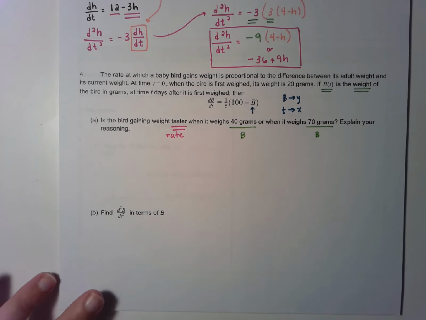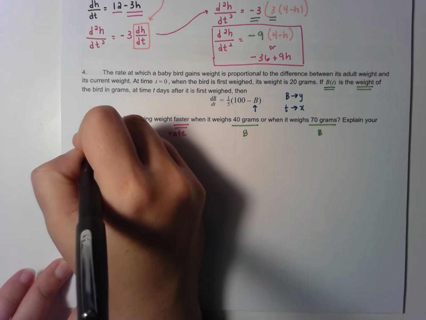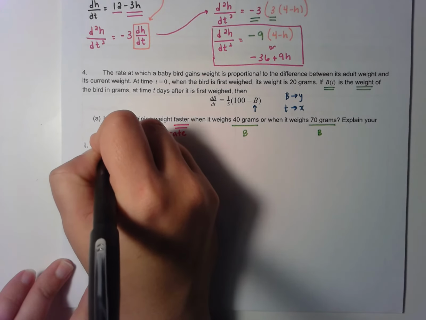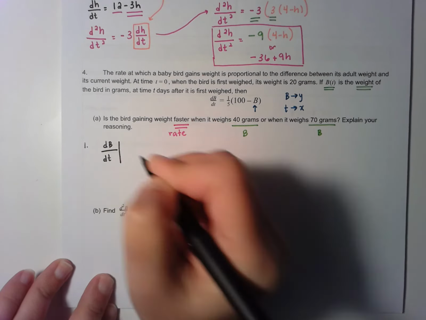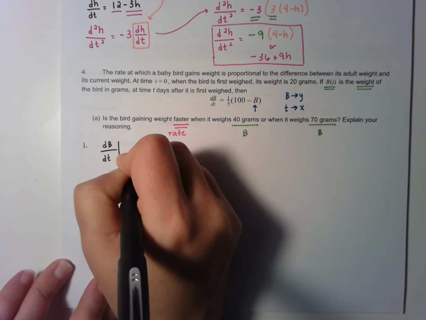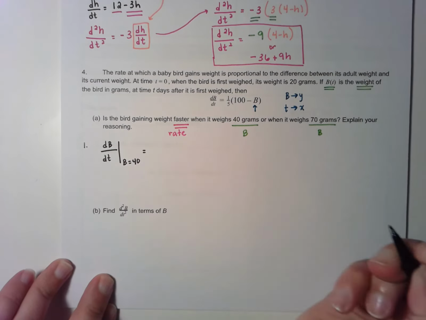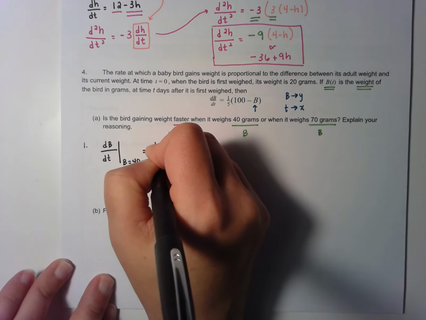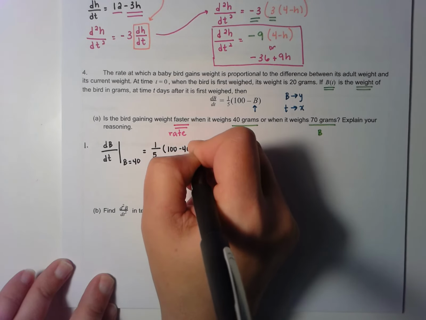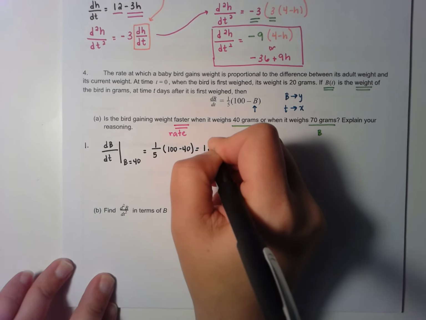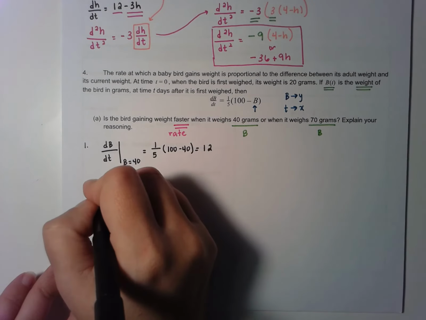So let's start with finding those values. First, I'm going to find db over dt when b is 40, which would be 1/5 times 100 minus 40, which is 1/5 times 60, which is 12.